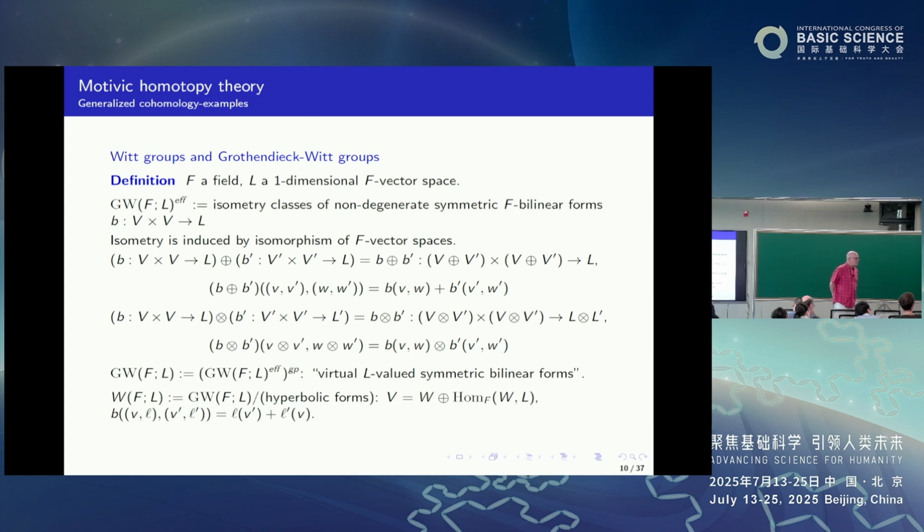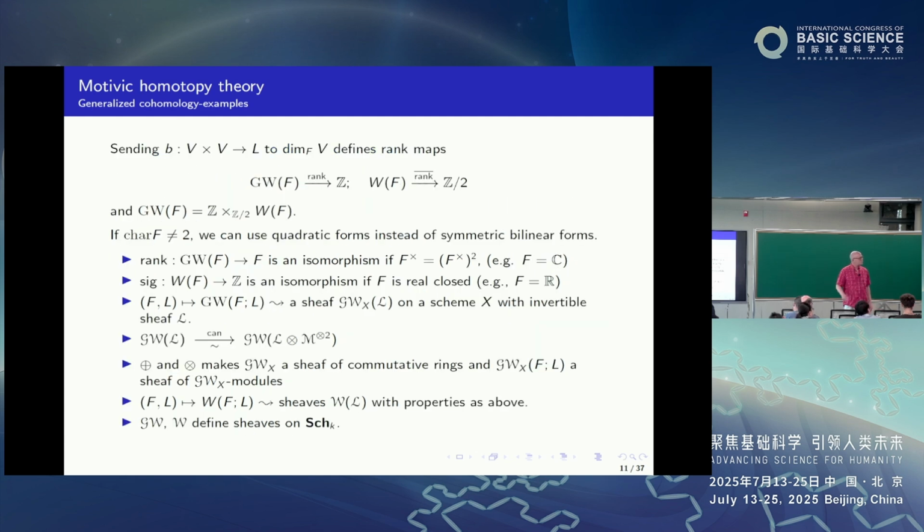It's an amusing thing that if you multiply an arbitrary quadratic form by a hyperbolic form, it's just a multiple of the hyperbolic form, the multiple being the rank of the quadratic form. So the ideal is the same as the subgroup. In any case, that's the Witt ring, or Witt groups.